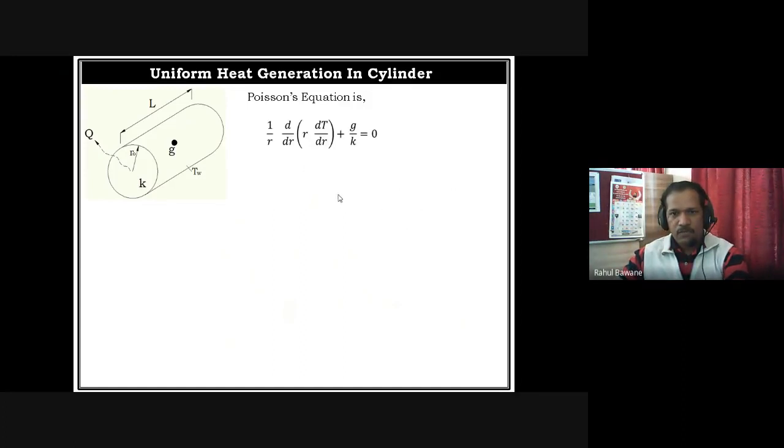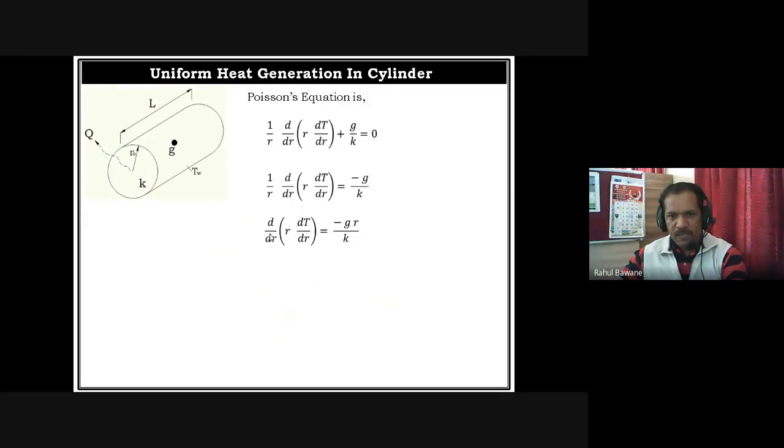Now we have to rearrange this. We shift this positive g upon k to the right hand side, so it becomes negative g upon k. Now 1 upon r d by dr of r into dT by dr is equal to minus g upon k. Now rearranging, we shift this r to the right hand side, so it becomes minus g r upon k.